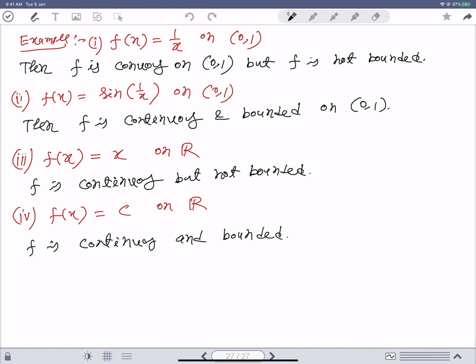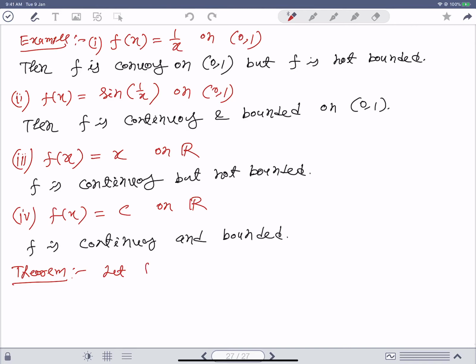Right? Therefore, the domain being a closed and bounded interval is very important. There is another interesting property of a continuous function if the domain is a closed and bounded interval. So I write the result.